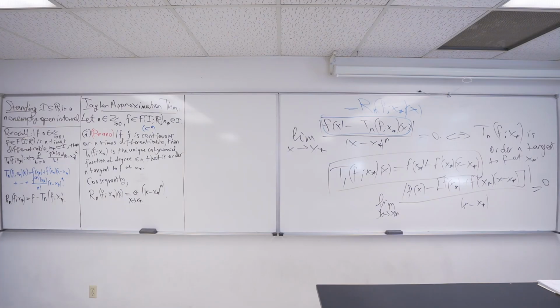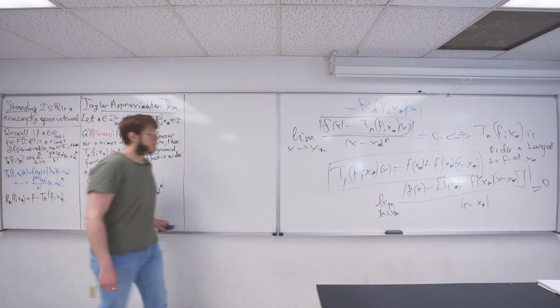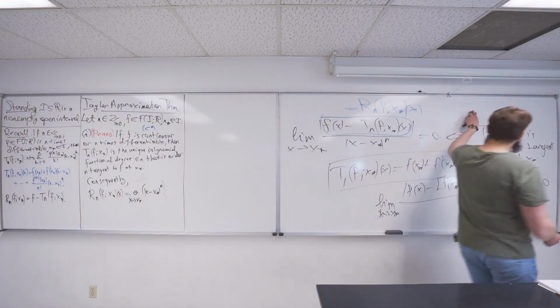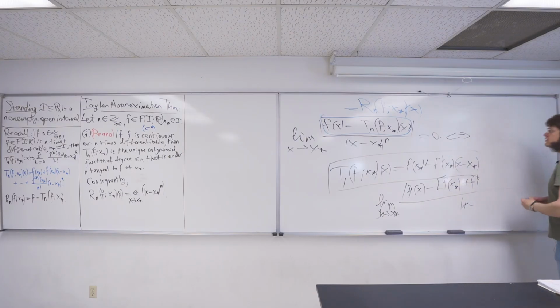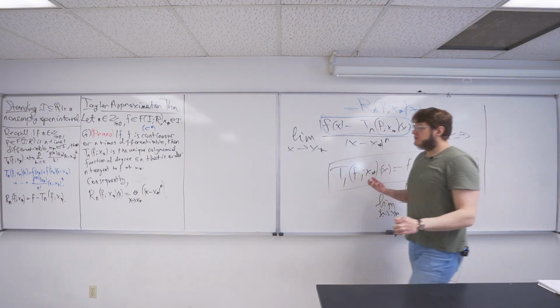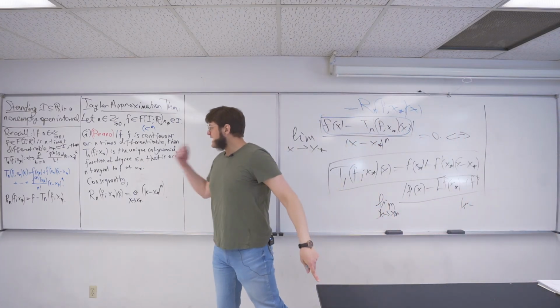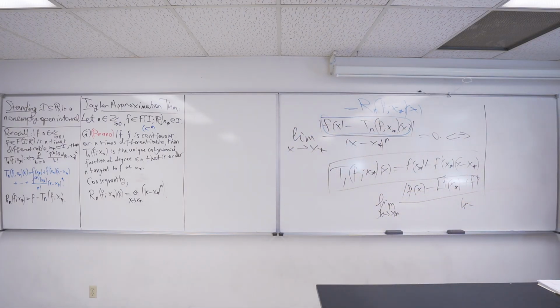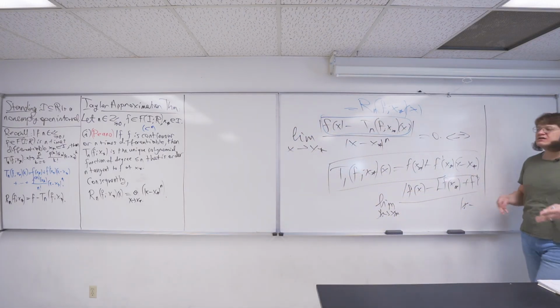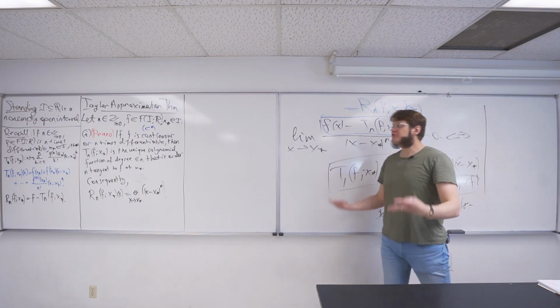Now, what does this mean in terms of practical matters? Because ultimately, the whole point of this is, f itself might be a complicated function, but a polynomial, in principle, will be a lot more simple.